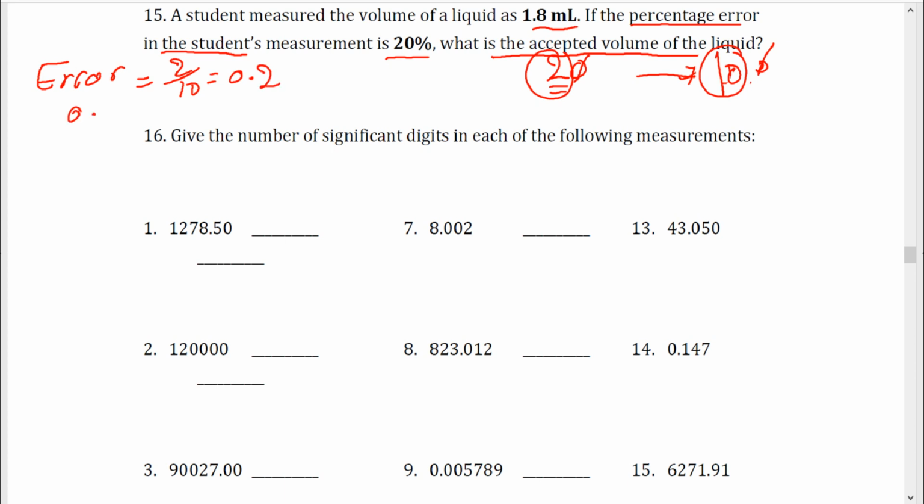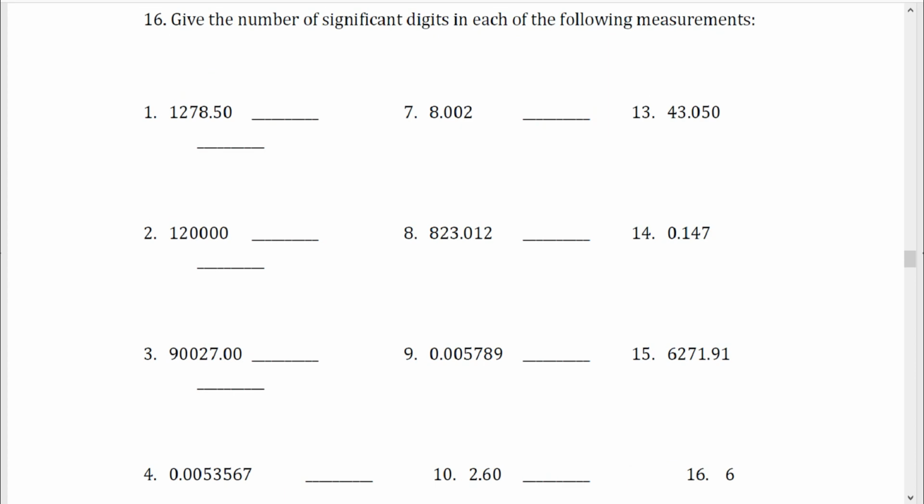You know that the error equals the measured value minus the accepted value. By doing a very simple calculation, you will recognize that the accepted value is 2. This question seems now very simple to you.